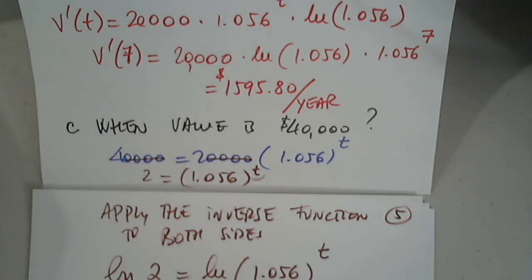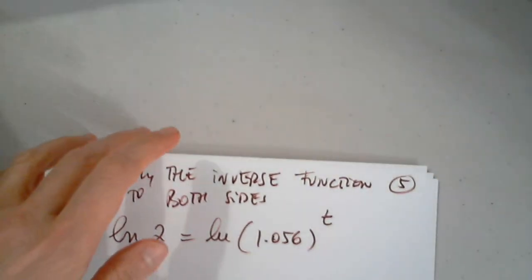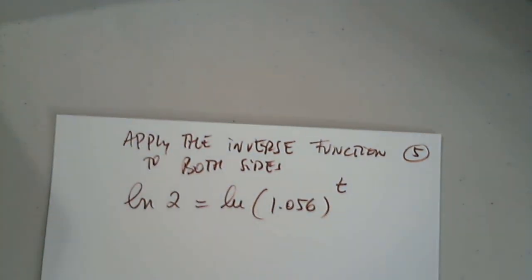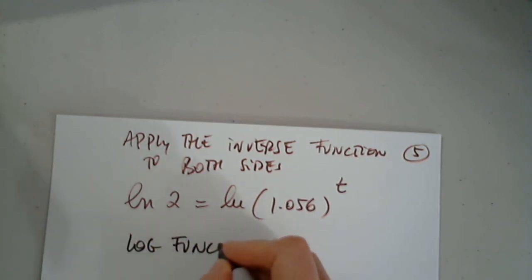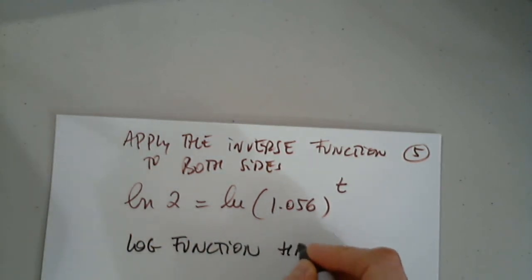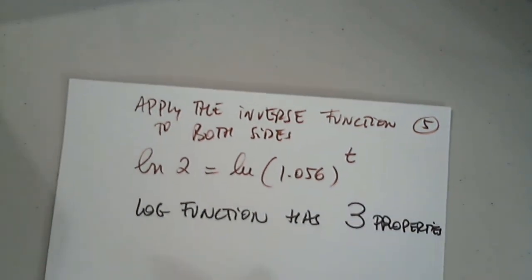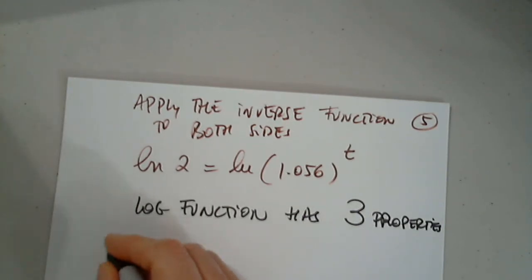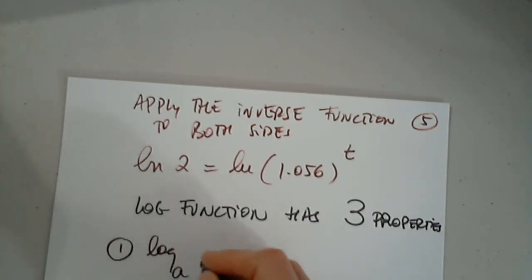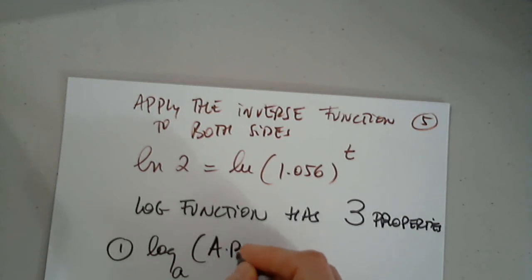Let me explain this. Let me refresh your memory. Apparently that kind of went away. So the log function has 3 properties. Here's one: log base A of a product.